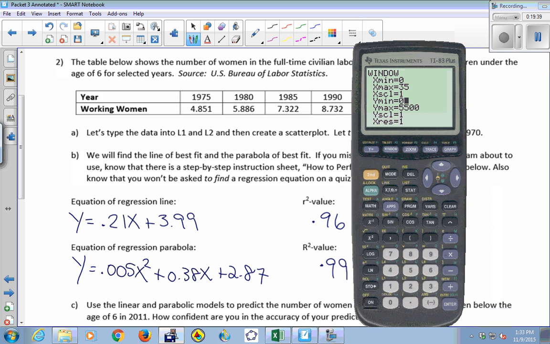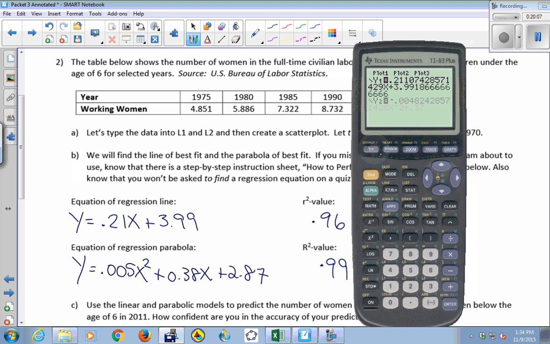So let's go like 0 to 12, just so you can see a little bit before and a little bit after the data. You leave the scale at 1. I almost never change the scale. Doesn't make much of a difference at all in what your graph looks like. So I just always leave it at 1.